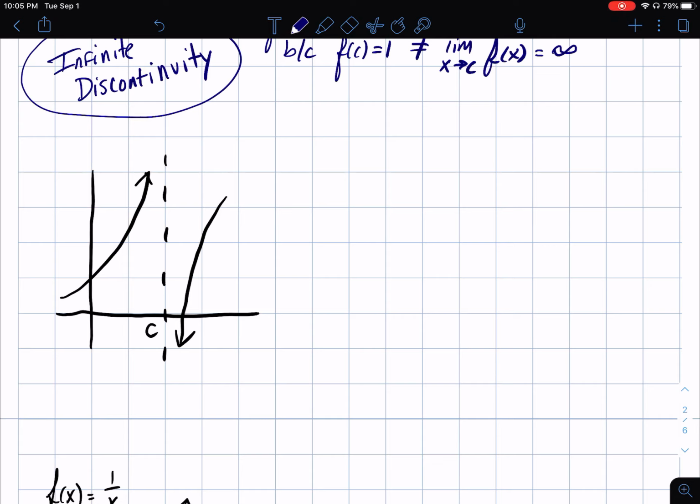Okay, so this next one, when we try to figure out f of c, there is no point at f of c because there's an asymptote there. So f of c is undefined.